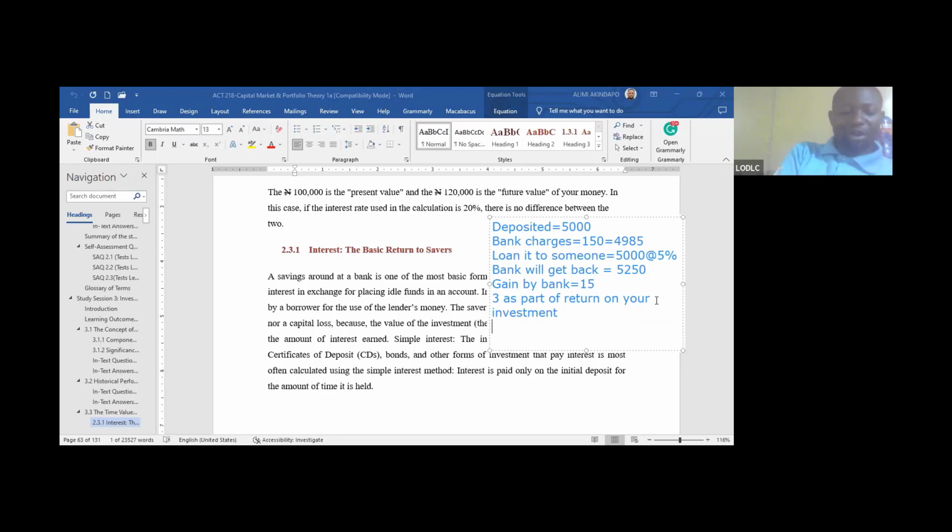The bank will now pay you back 4,982. So that's the amount that they will pay you back. So by depositing 5,000 naira in the bank, you will receive this, despite the fact that you have received a return also. Is that clear?